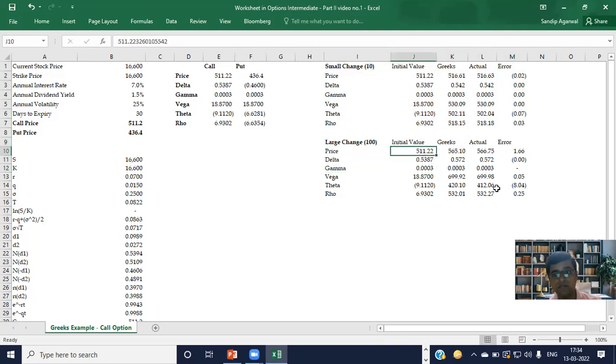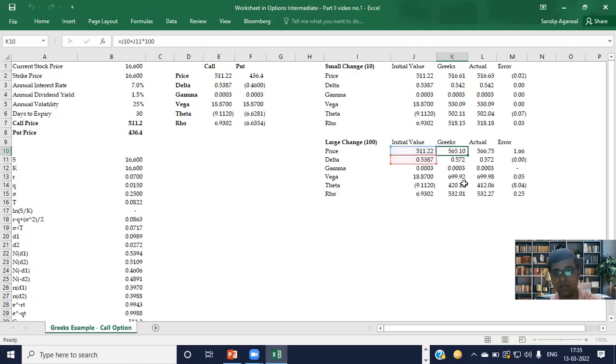Say if the Nifty starts moving in the upward direction by 100 points, then what would be the price of this option? It will become 511.22 plus 0.5387 multiplied by 100, because this delta is for movement in the Nifty by 1 point. In the current case, we are considering the Nifty movement by 100 points. Then the price of this option becomes 511.2 plus 0.5387 into 100.